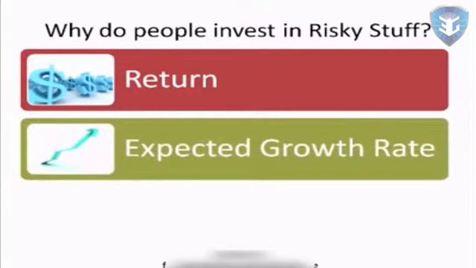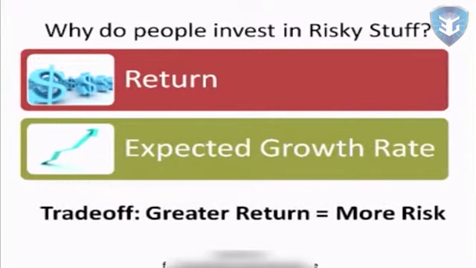So when you hear about an expected growth rate of 8% or 10% or 12%, that is the expected return on your investment. And here is the important point. Risk and return tend to have a trade-off relationship. Greater return investments tend to have more risk. So stocks tend to have a greater return than government bonds, and that's compensation for the additional risks.